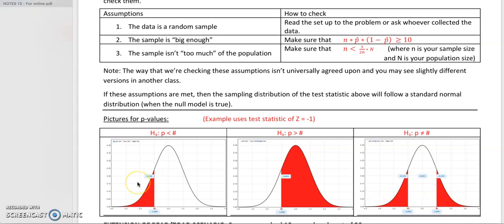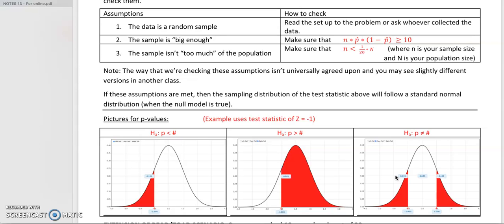And so you'll notice that in StatKey, I would do that by choosing left tail for this one, right tail for this one, and two tail for this one. And in each case, the p-value would be, it looks like 0.159 here, 0.841, and then for this one, I would have to add these two values, so 0.159 plus 0.159 to get my p-value.